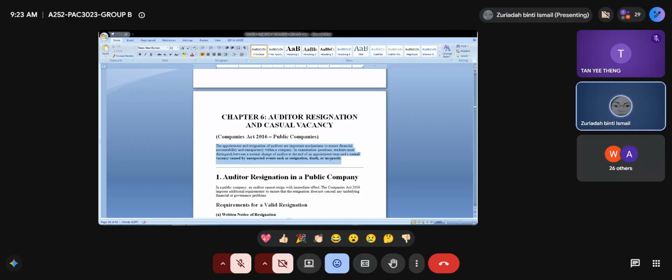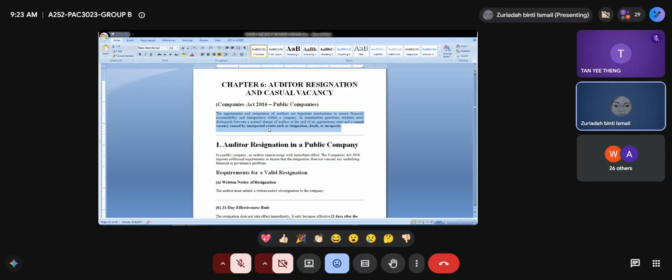This is what we call casual vacancy. So, when the auditor resigns, first, the resignation can proceed with a written notice by the auditor. The auditor must tender their resignation with a written notice.